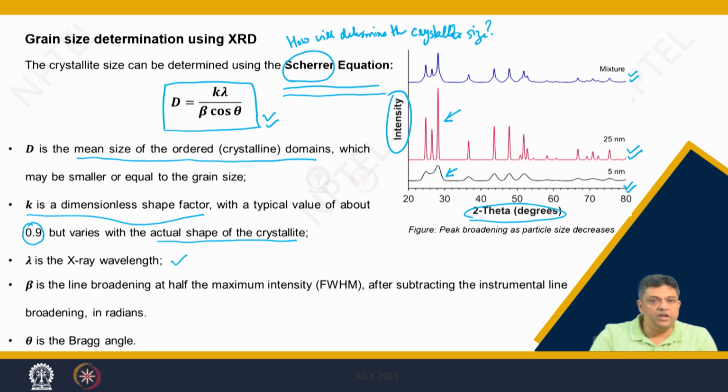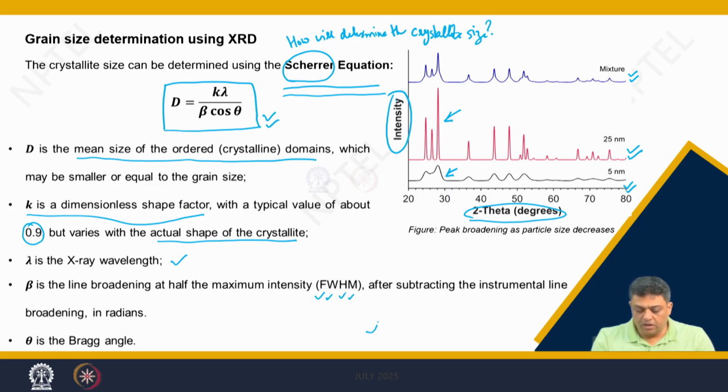Lambda is the wavelength of X-ray which is incident on the sample. Beta is the broadening at half maxima, which is called the full width at half maxima.